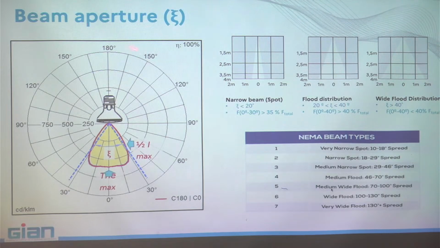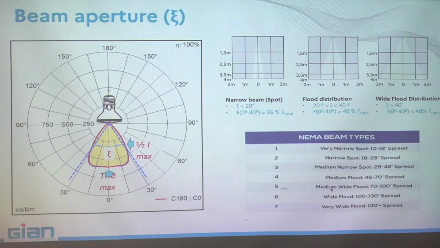And you see here, following the beam angle, we can classify the luminaires as narrow beam fixtures or wide distribution fixtures. There are different variations of the definitions in Europe. This is the European definition, and this is the American definition. We use the same name, but not exactly the same flux parts.